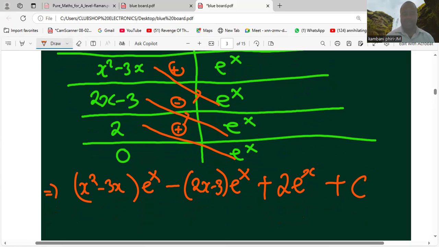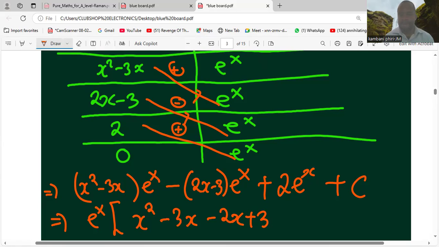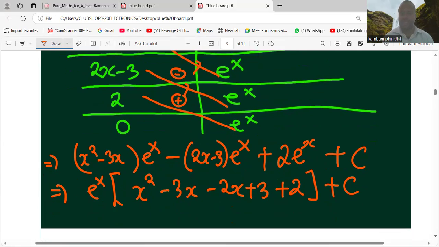And upon factorizing, what do we get? If we factor out e to the x, we'll have x squared minus 3x, minus 2x plus 3, plus 2, then plus c, right?